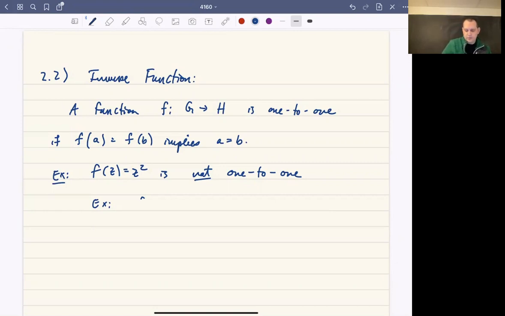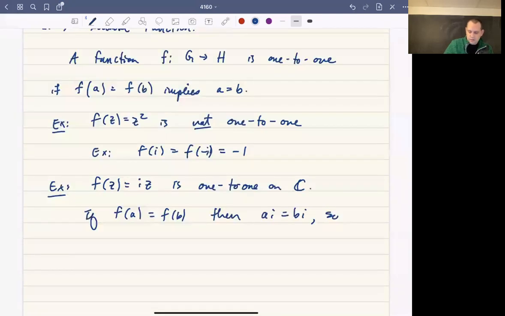This is 1-to-1 on the whole complex plane, and that's because if f of a equals f of b, then ai equals bi, and therefore a equals b, because you can divide both sides by i. So that forces a equals b. So functions with that property are called 1-to-1.